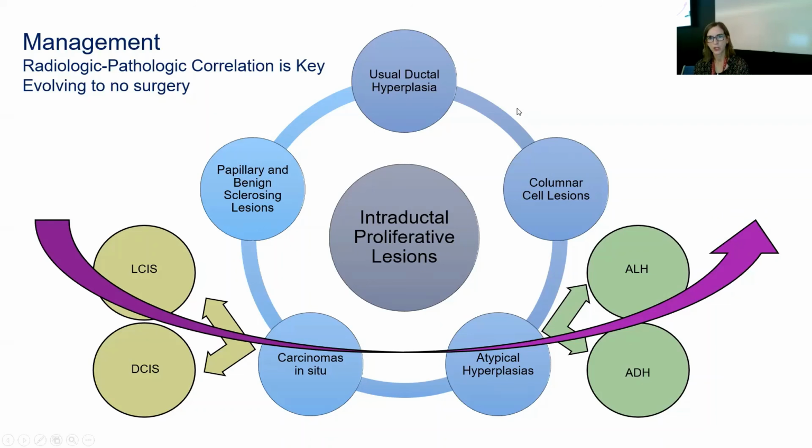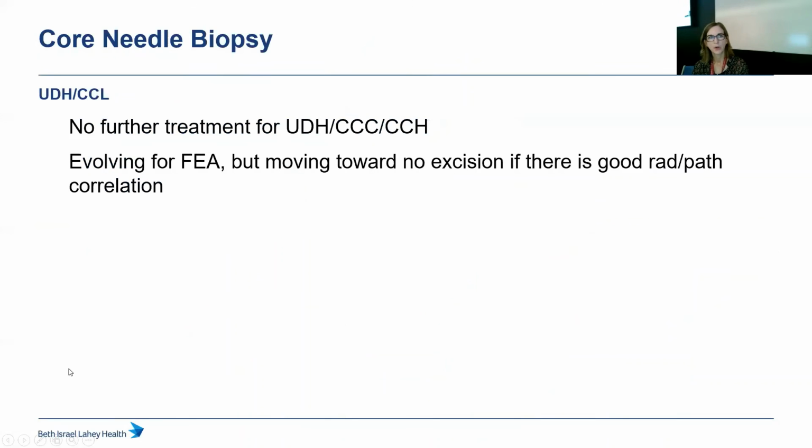Then these patients can go on to either back to routine screening or maybe short interval follow-up and then routine screening. Exceptions are, of course, atypical ductal hyperplasia and DCIS, and those patients will go on to excision.